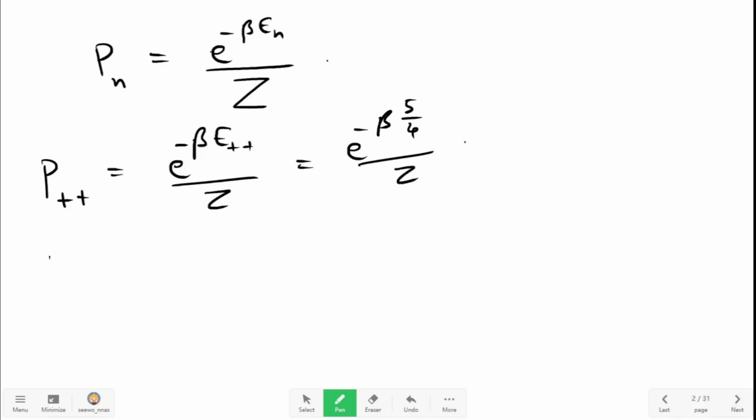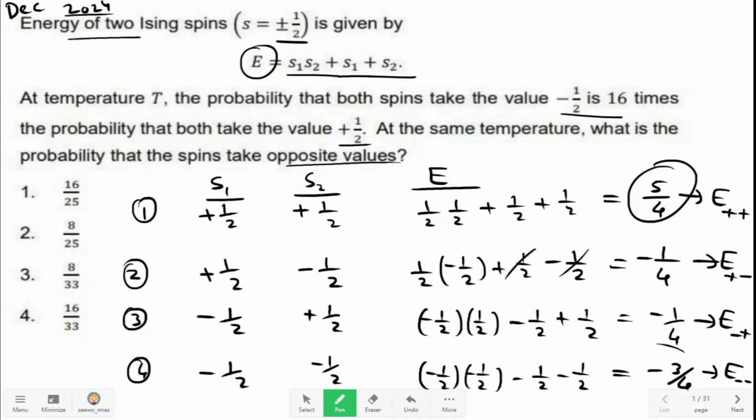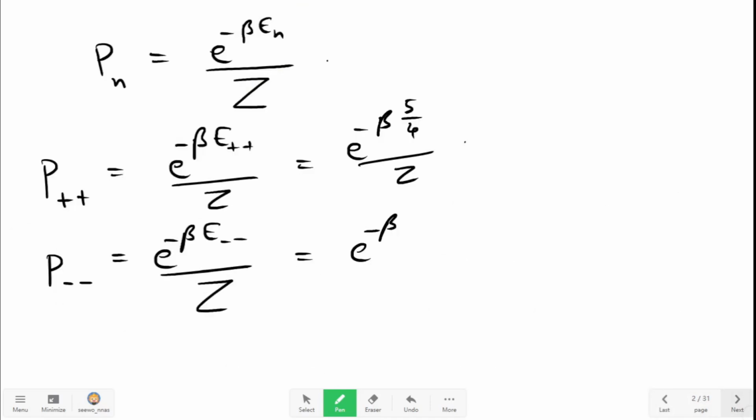Now probability of both spins taking the value minus 1 by 2, P minus minus, is equal to e raised to minus beta E minus minus divided by Z. What is E minus minus? E minus minus is minus 3 by 4.